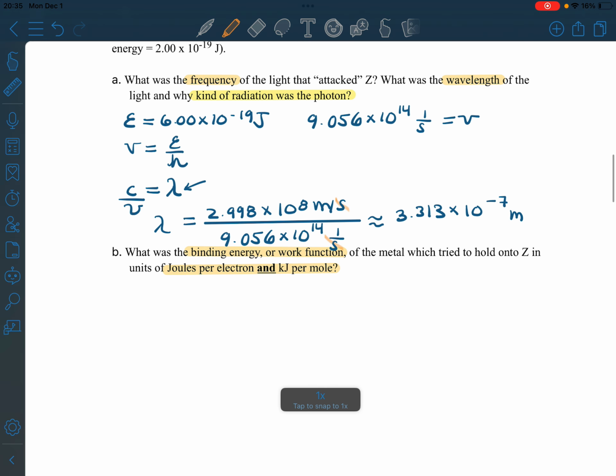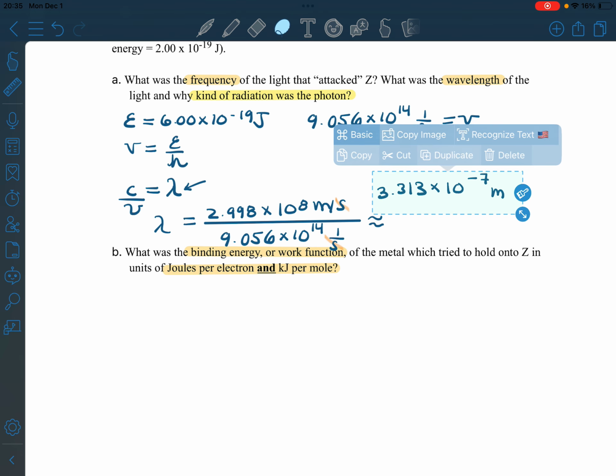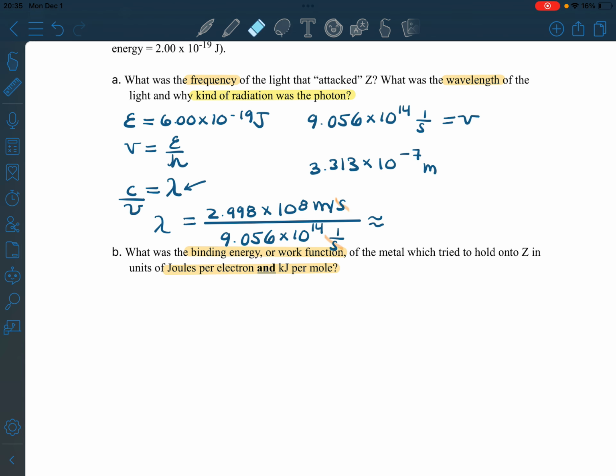So now I have my wavelength value. I'm going to erase all of this because I don't need it right now.